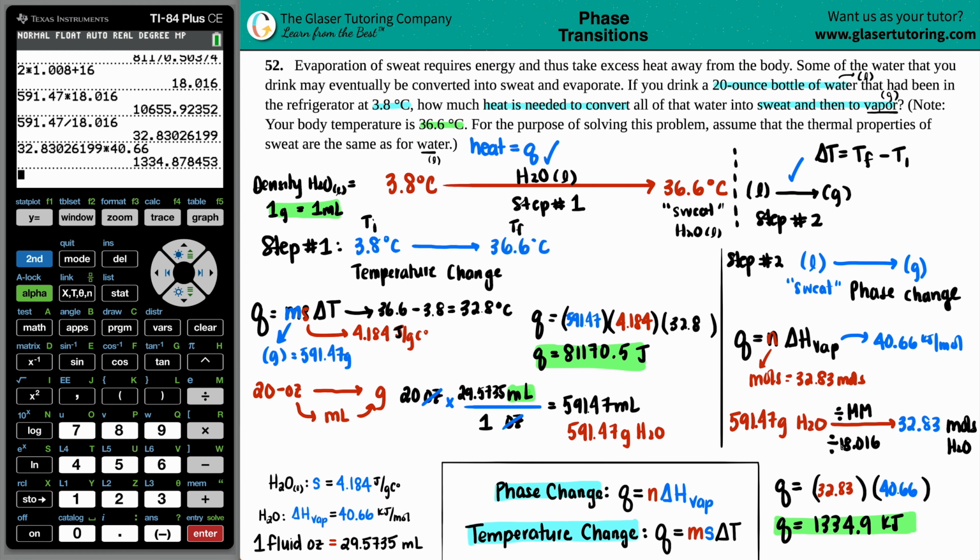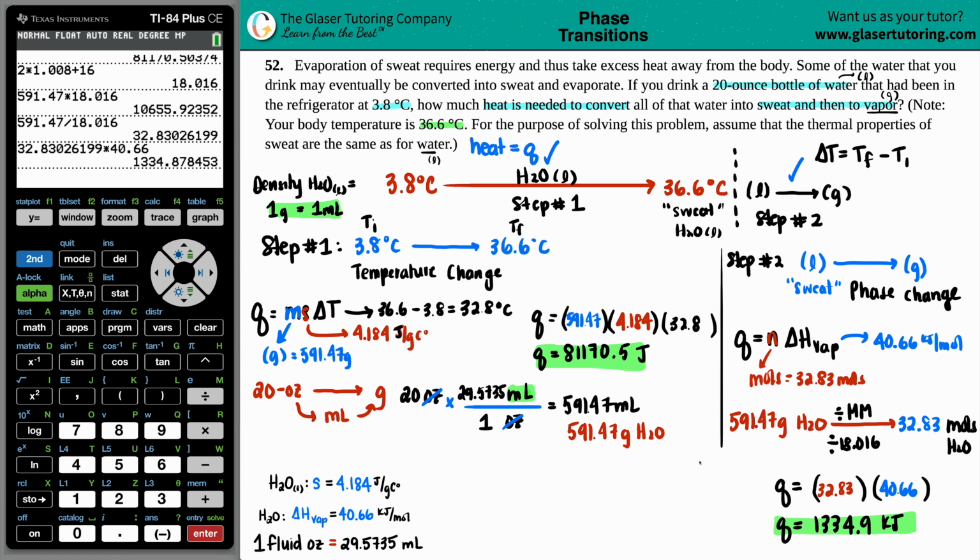Now, does it really matter? Not in this case, because they didn't say what unit they specifically wanted it in. But since we're dealing with big numbers here, I'm going to convert the joules into kilojoules. So first things first, pause the video if you need to write out these formulas here. But I'm just going to erase this little box just so that we have more room.